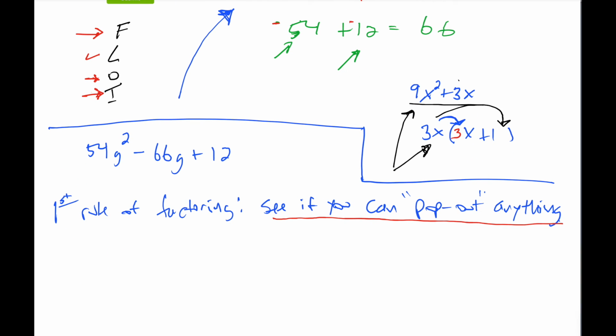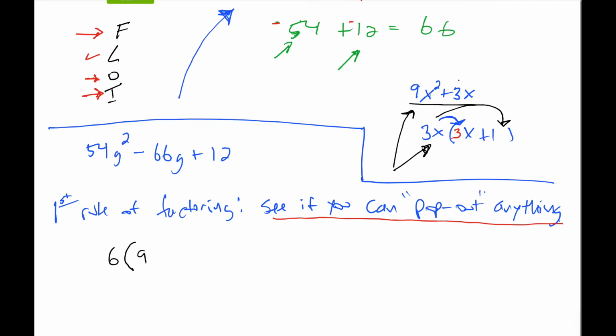Okay, so what can we pop out from 54, 66, and 12? 6. All right, so we got a 6 right here. Boom. The problem's going to become a little easier. So now you have a 6. 6 times what is 54? 9.